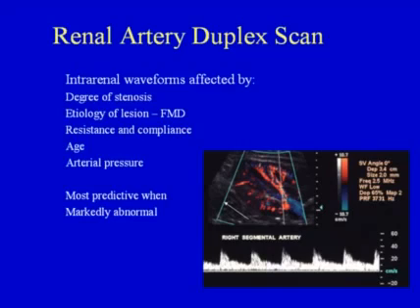However, they are most predictive when markedly abnormal. If you find an abnormal waveform out at the hilum and a delayed acceleration time, this is highly predictive of proximal renal artery stenosis.